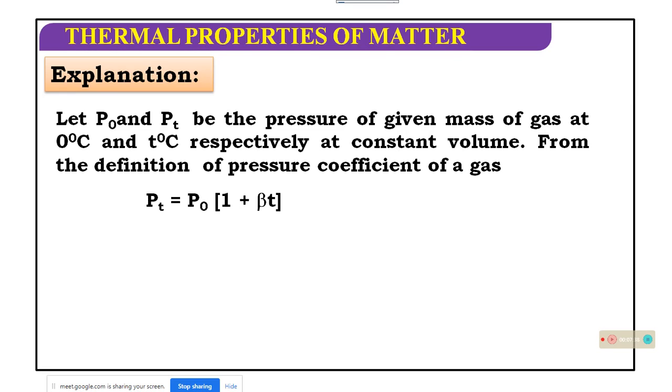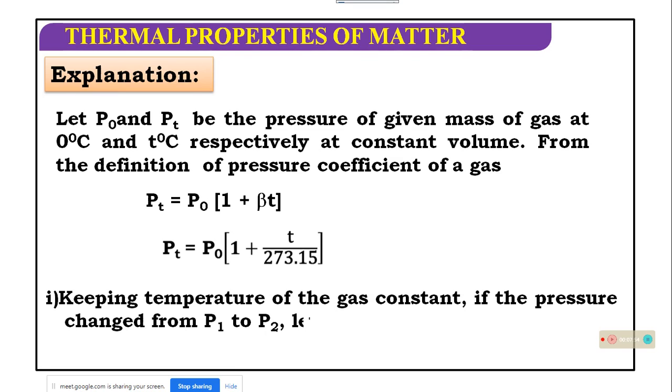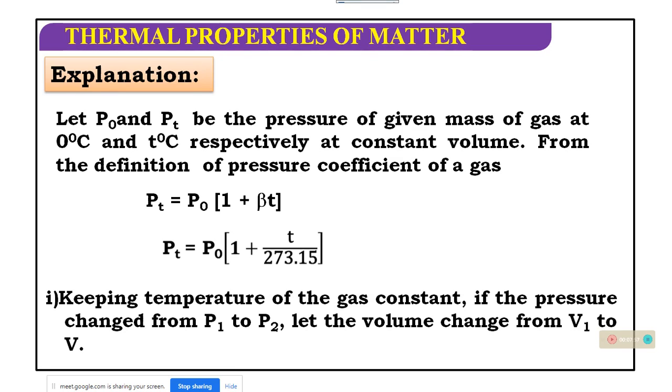From the definition of the pressure coefficient of the gas, please remember it, Pt equals P0 into 1 plus beta T. And what will be the beta? Beta value equals 1 by 273.15.